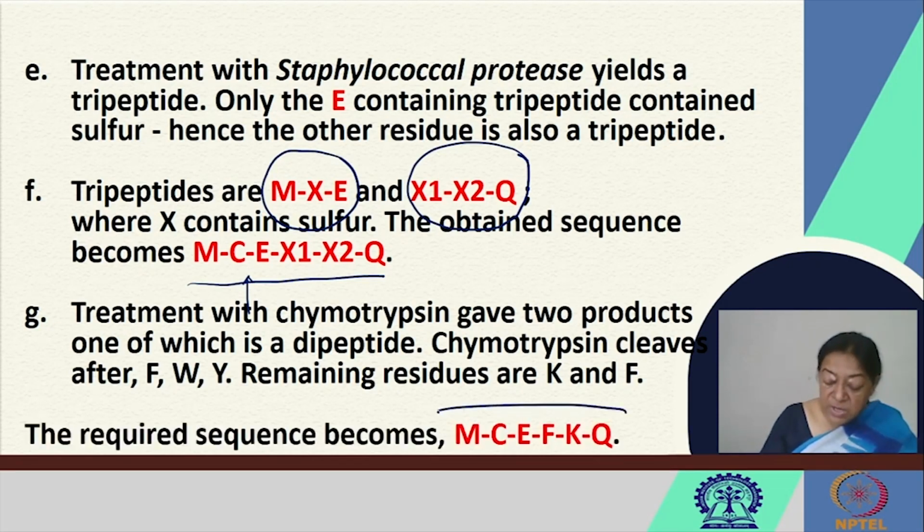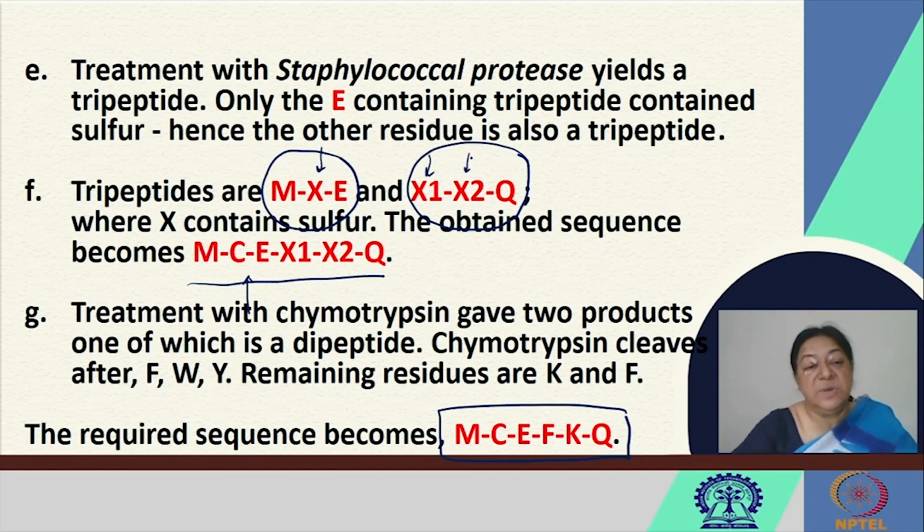So this can work out to give us the original sequence where we have the tripeptides MXC and X1, X2, XQ. These are the ones that we are trying to identify the locations of the specific amino acid residues. And since one of the tripeptides that had the methionine or had the E had the sulfur, that indicated that X had to be cysteine. So this gives us our identification.